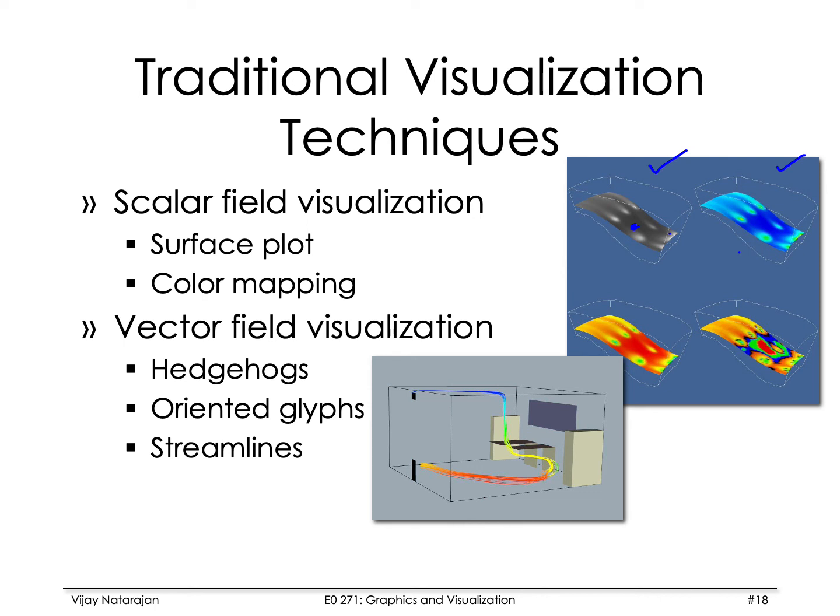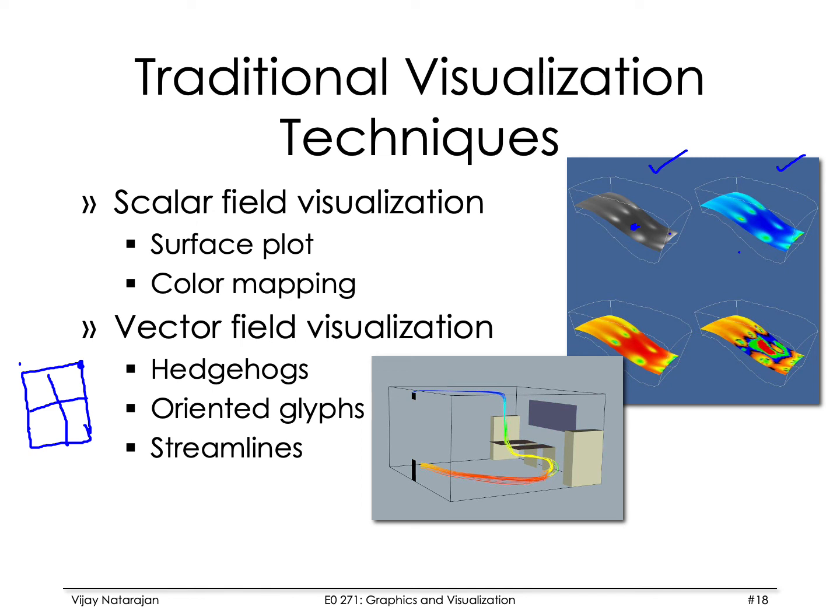For visualizing vector fields, there are simple techniques where each vector could be shown as it is. So for example, if the vector is sampled along a grid, then for each sample point, let's say this is a sample point, you have a vector.